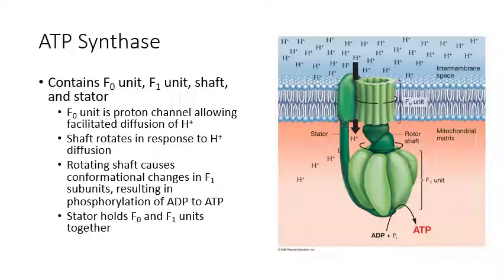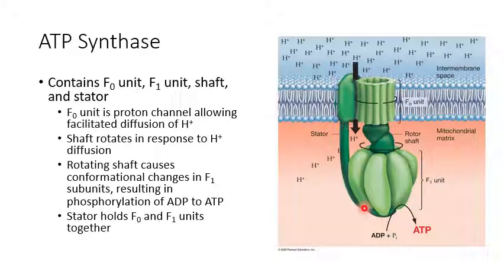So we'll just go into a little bit more detail on how ATP synthase is actually working to make ATP. You have four basic parts of the ATP synthase enzyme. You have the F0 unit. Then you have the F1 unit, which is like the head of it. And connecting those two units, the F0 unit and the F1 unit, you have the shaft.